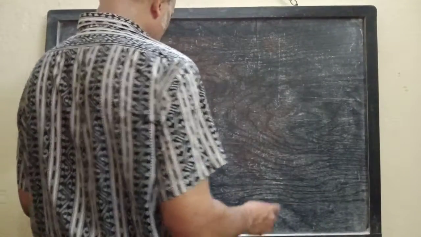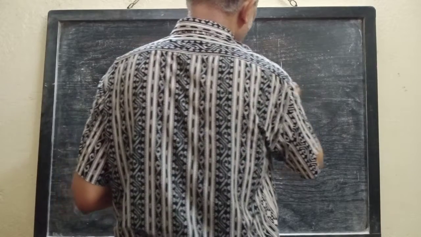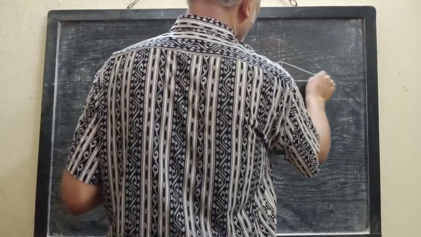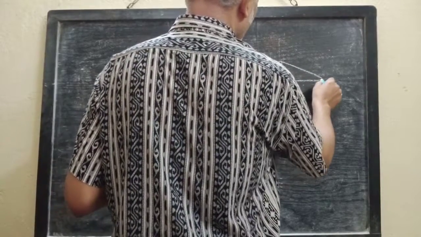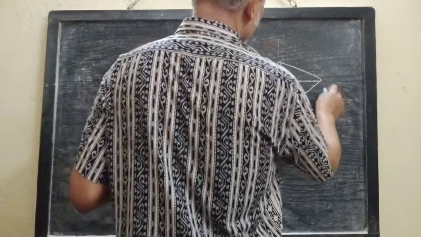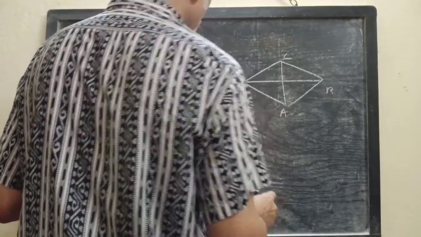ABCD is a rhombus. When you are drawing a rhombus, first draw its diagonals. ABCD rhombus, AB is 20 centimeters.